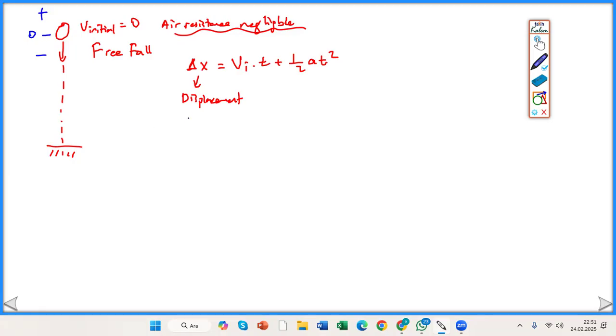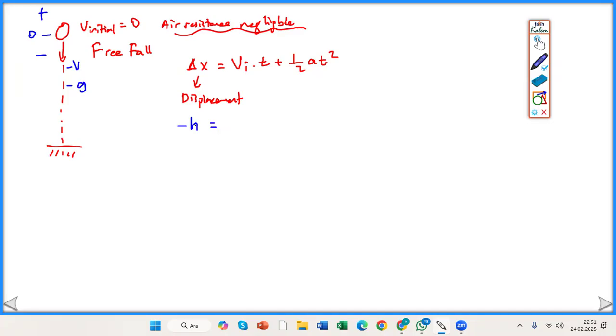So let me show you that motion once again. Rather than displacement right now, we can use h, and be careful: the sign of h is negative. During the motion, velocity is also negative, and gravitational field strength is also negative because of the direction.